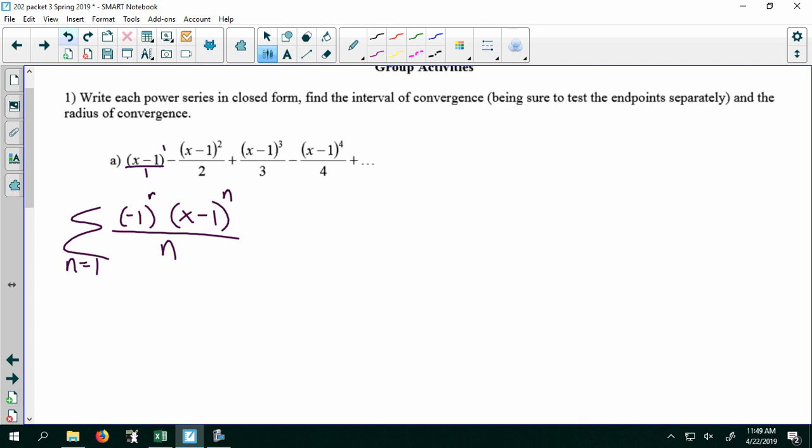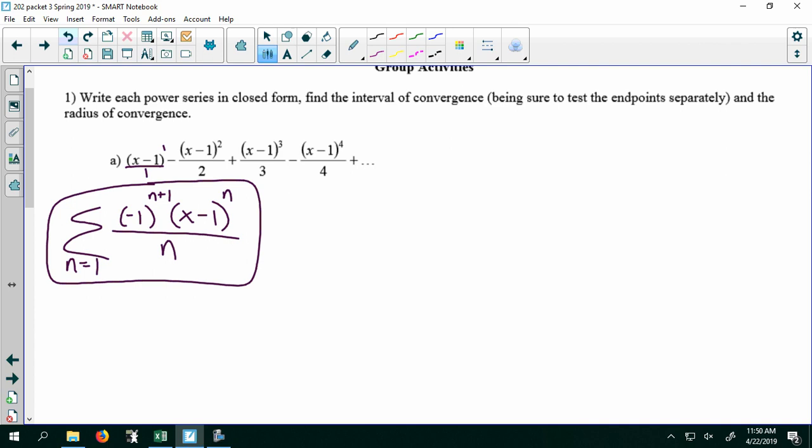If I just put an n here, that would not work because that would give me -1 to the first, which would give me a negative first term. So I'm going to do n plus 1 on my -1. That way, when I plug in n equals 1, the exponent on the -1 is a 2, so my first term will be -1 squared, which is positive. Okay, so there's my closed form.